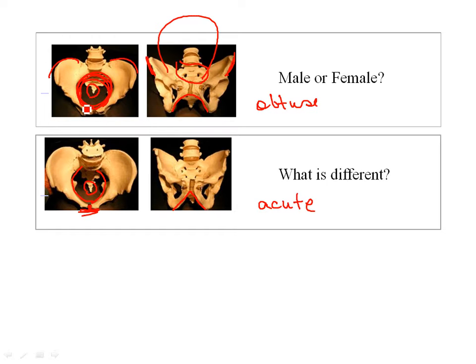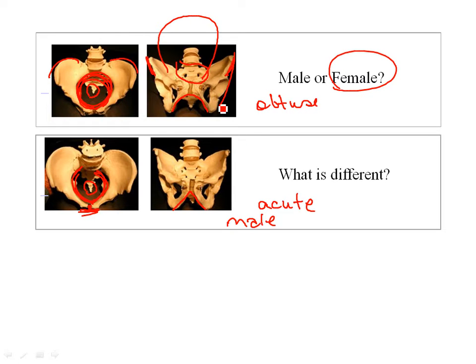So look at these two that we've been comparing and try to figure out which one would have an easier time getting through. Could you pass a baby through the top one or the bottom one with more ease? Hopefully you realize that the one at the top is female and the one at the bottom is the male.